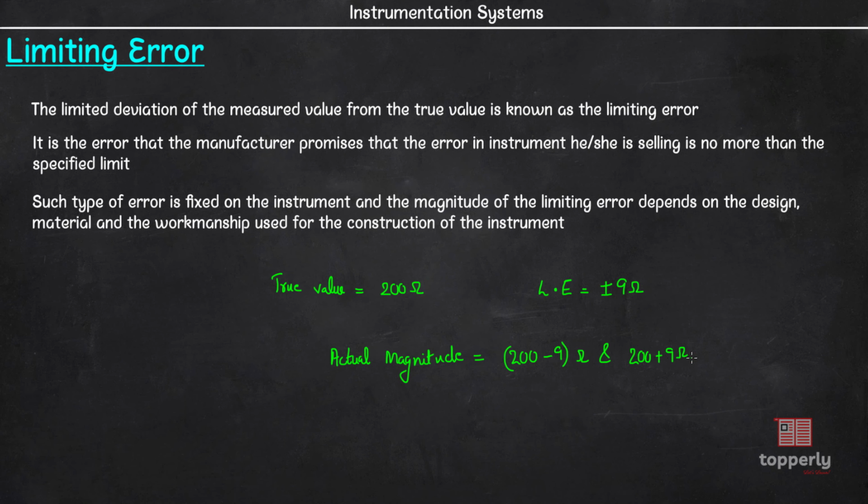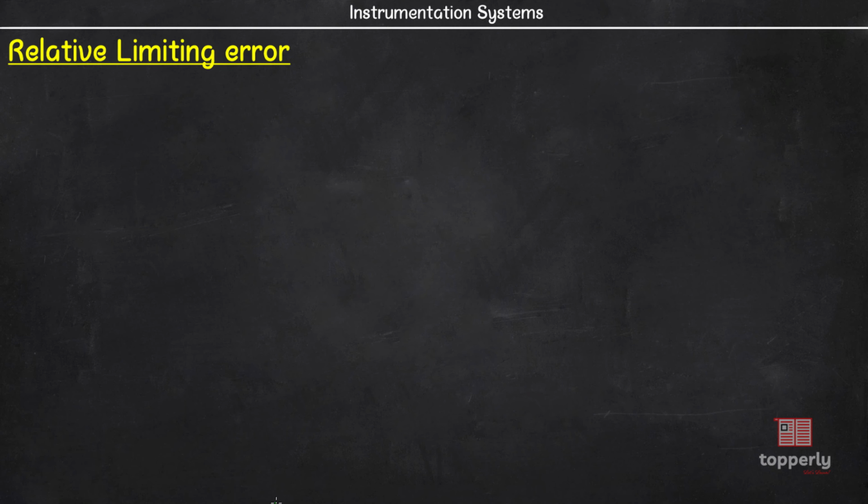This means that the manufacturer guarantees that the value of resistance of the resistor will lie between 191 ohm and 209 ohm.